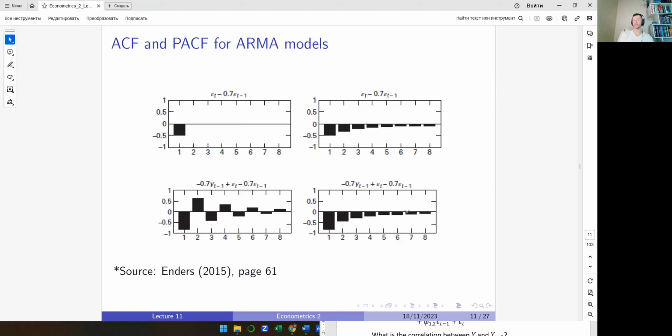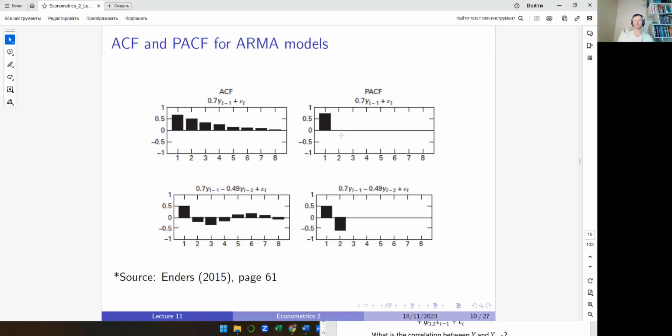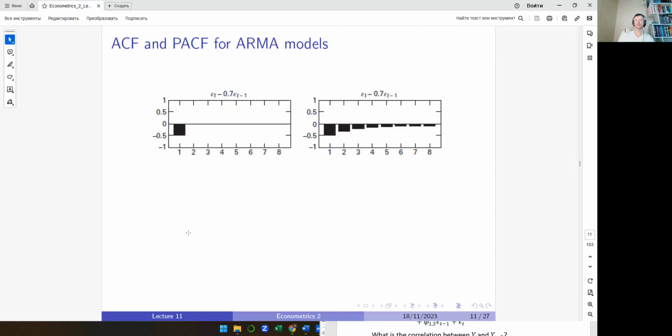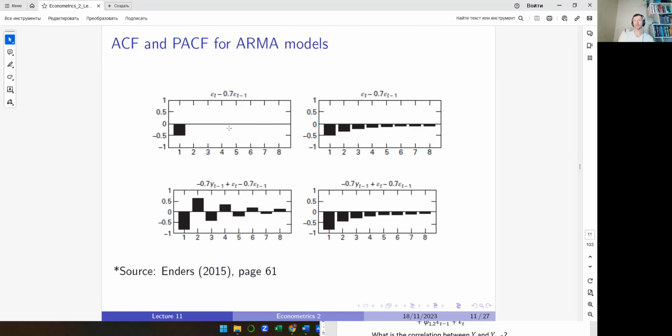This structure comes because of the MA part. So basically it must give you some ideas how to identify which type of model we are working with. If you see something like this, or this together with a decay in ACF, this is an AR model for sure. When you see something like this, it is an MA model for sure. When you see something like this, well, maybe you need to combine both AR and MA in one model.